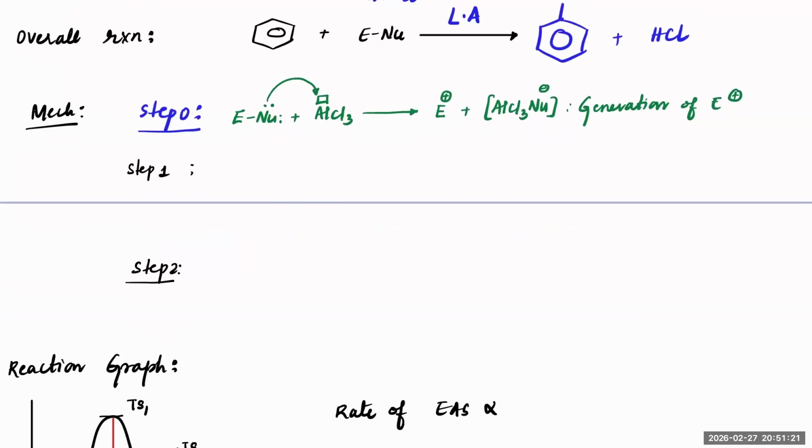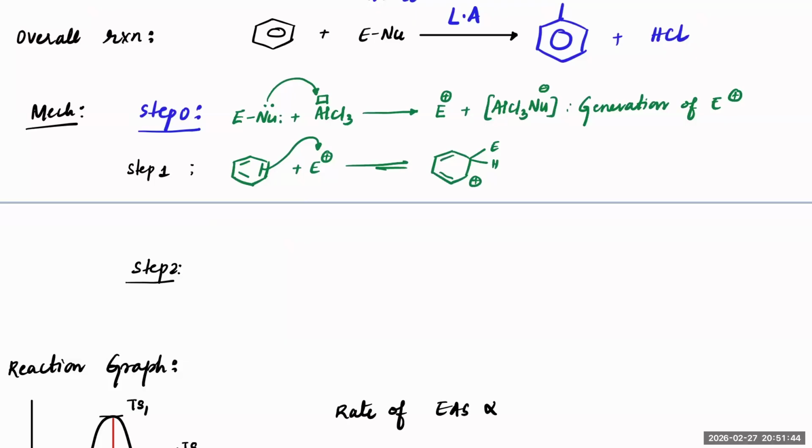Once you generate the electrophile, benzene, which has pi bonds, will try to take this electrophile onto it momentarily. The electrophile will come here and the positive charge will come here because the pi bond got shifted to one side.